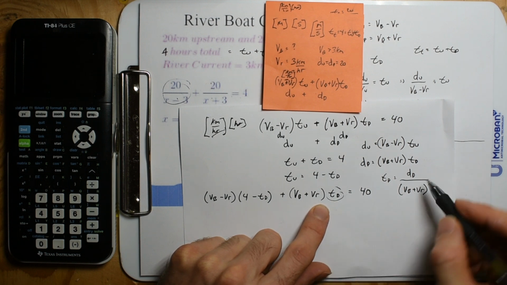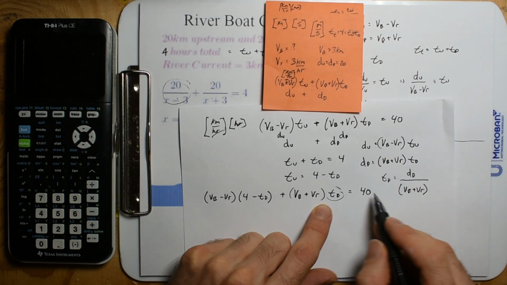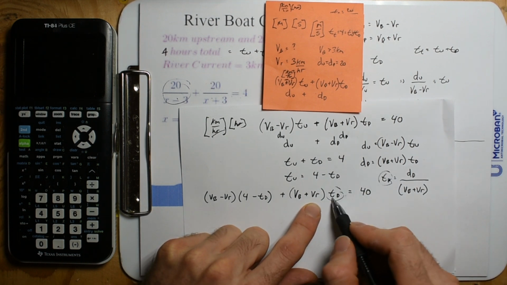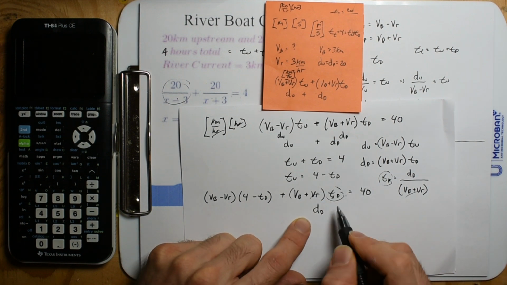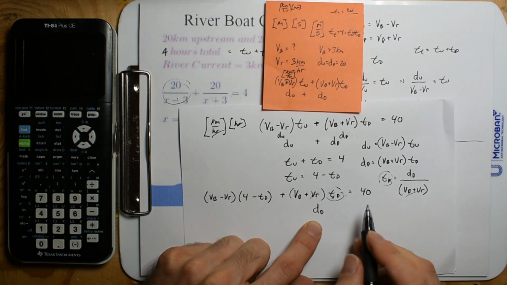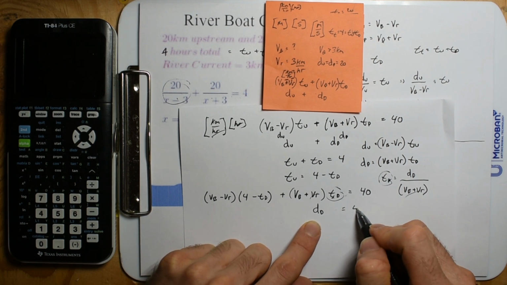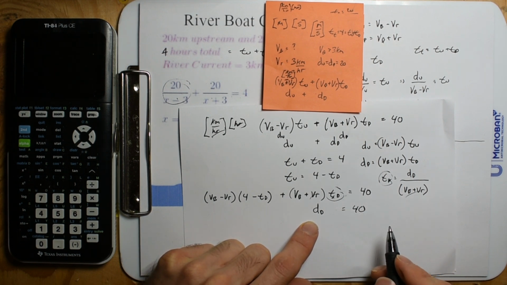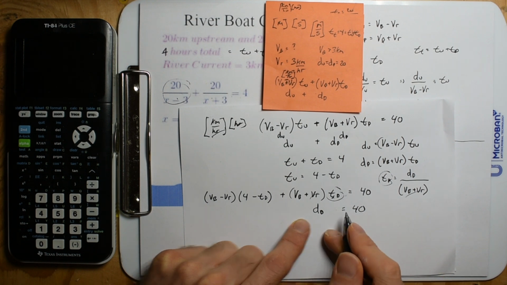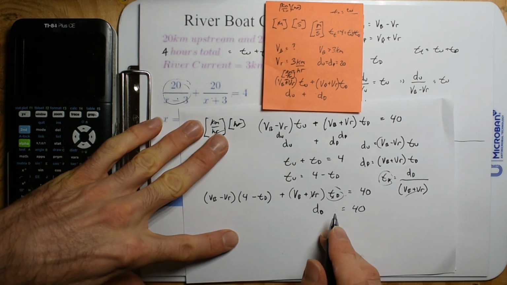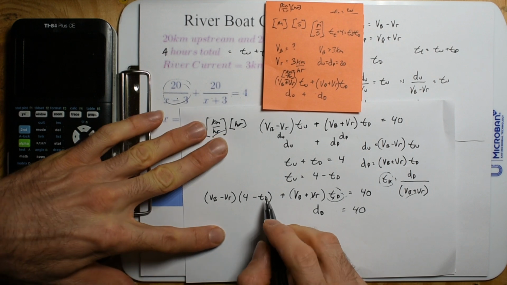And if we did that, you would see that right in here, these would cancel, and we would just have the distance downstream. So let's see, we know what those distances are, and we would do the same thing over here.